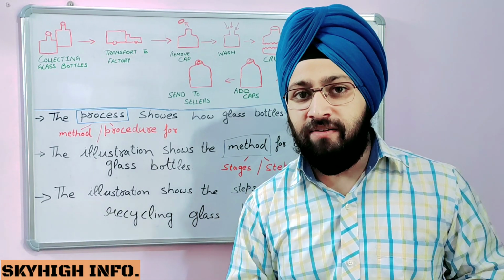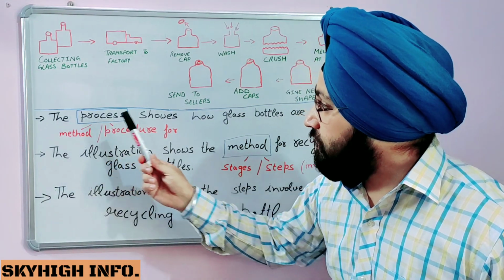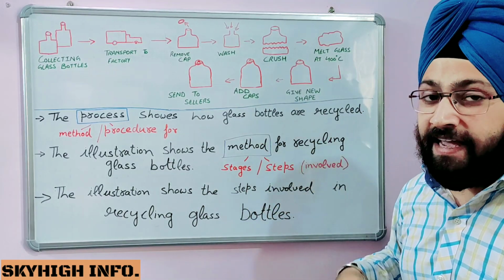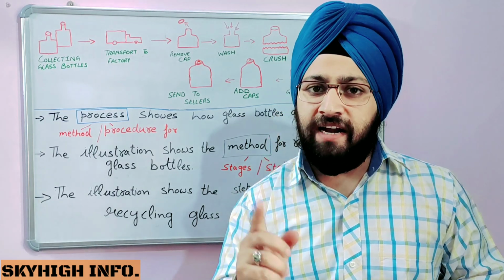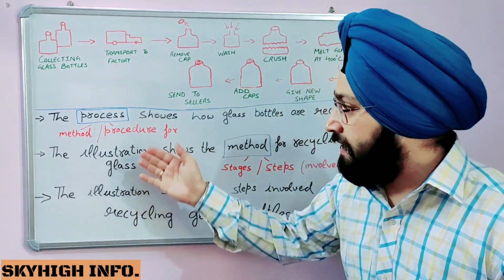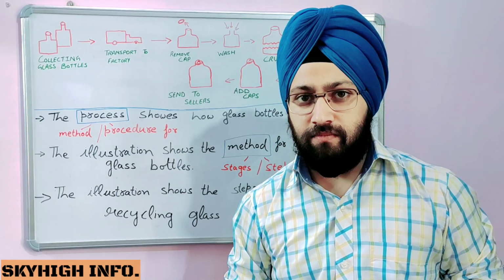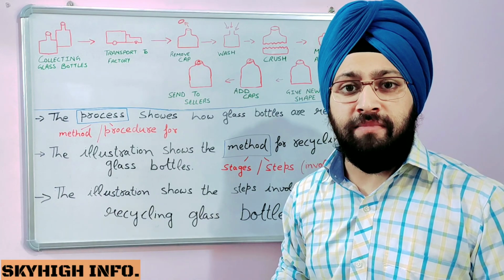So my first line for this type of question will be, the process shows how glass bottles are recycled. Remember, in your exam, you just have to write one sentence. I am writing these sentences just for practice. So the second sentence can be made in a similar way.